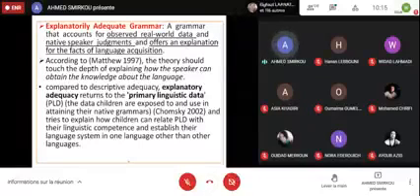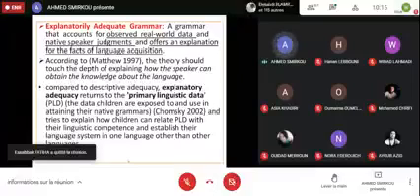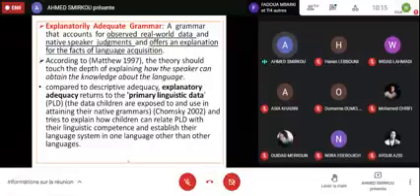So explanatory adequate grammar tries to focus on language acquisition, how children are exposed to and use the native grammars. So they do not simply explain grammar in terms of what they observe in the data or the native speaker's judgment, but they try to see how children attain, how children reach this grammar. They try to explain this.